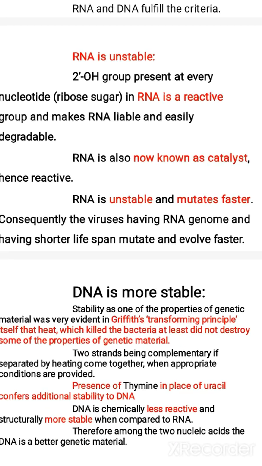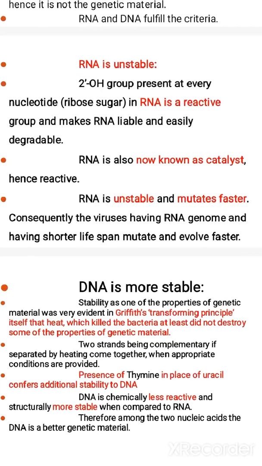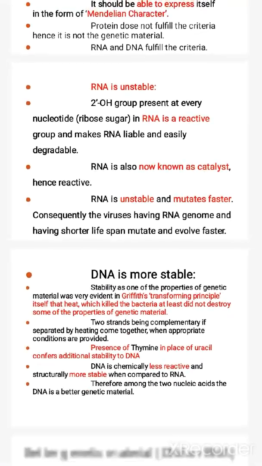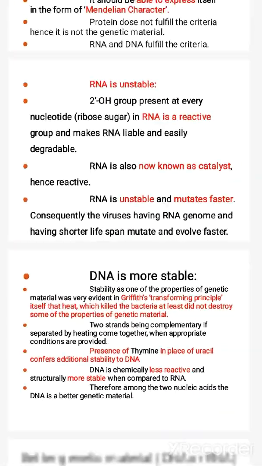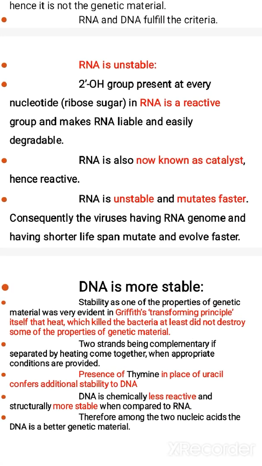We now call RNA a catalyst also, and it is highly reactive. Catalyst means they can catalyze biochemical reactions, activate the reactions. So RNA is unstable and mutates faster. If they mutate faster, then once again it is not fulfilling the genetic material criteria.